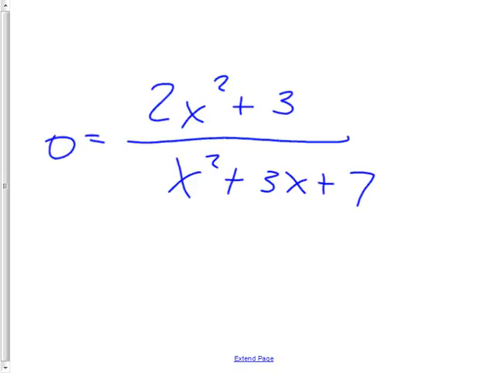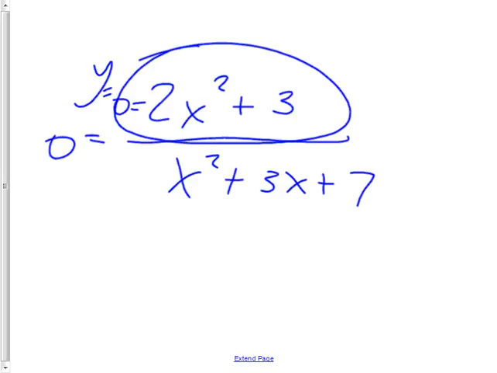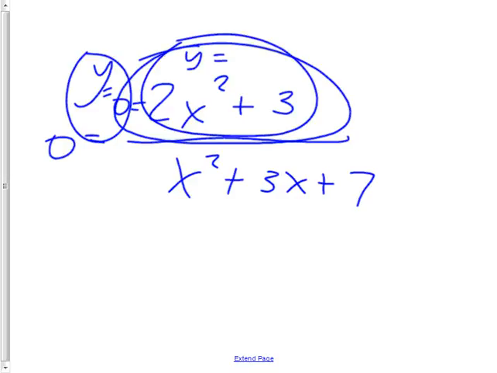Okay, so I'd really just want the top to be 0. So could you set that equal to 0 and solve it? Sure, it's a quadratic. And you try to factor it. And if it can't factor, you quadratic formula. Or you could set both sides equal to 0. Y equals 0 and y equals that, and graph both sides and see where they cross.